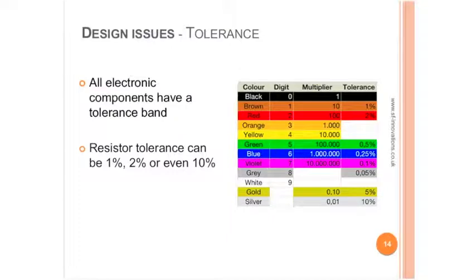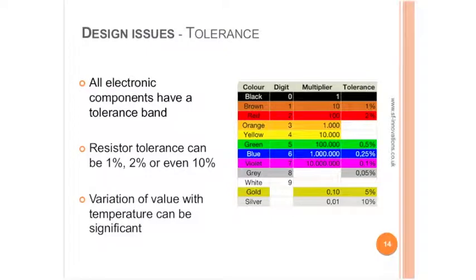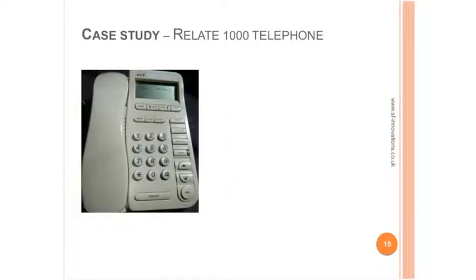So this has to be taken into account in the design, and particular attention has to be paid with variation in value with temperature, especially for capacitors. Again, let me give you a brief case study of a product I was involved in.